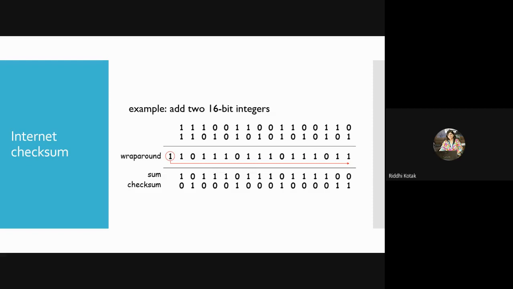Then you have to do a ones complement. The whole process is ones complement: first you do the addition, if any carry bit is there, wrap around it, and then do a complement. Complement is what? If it is 0, take it as a 1. If it is 1, take it as a 0.